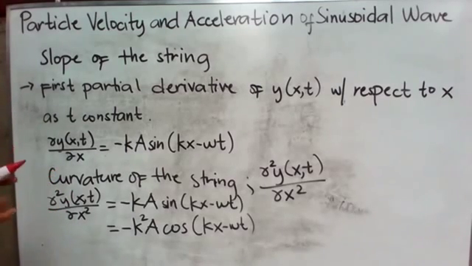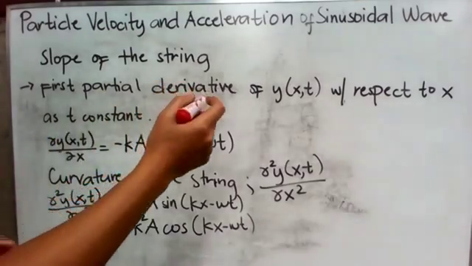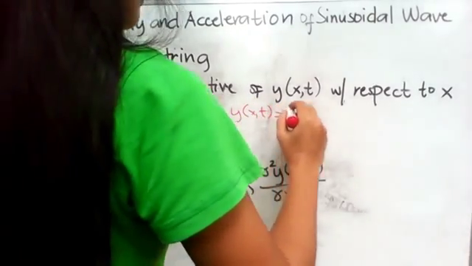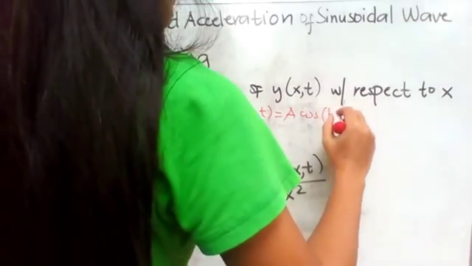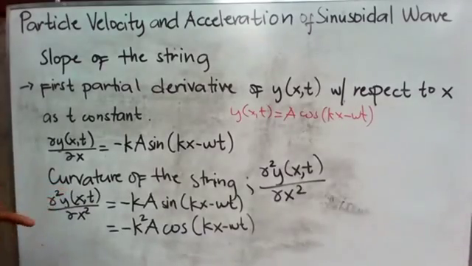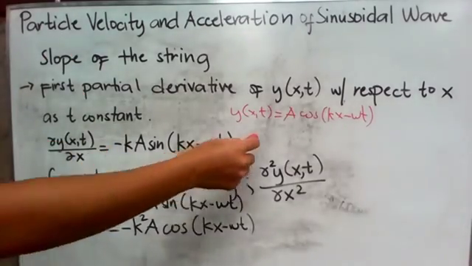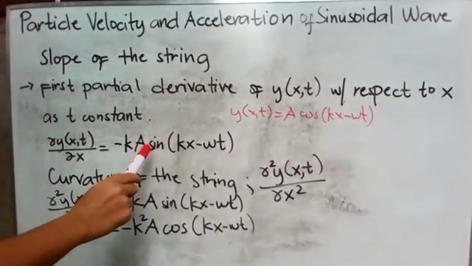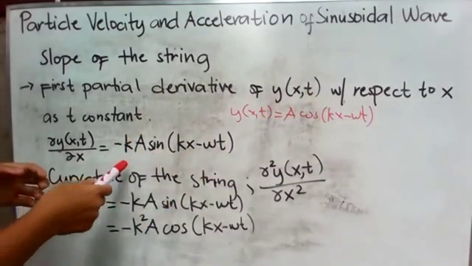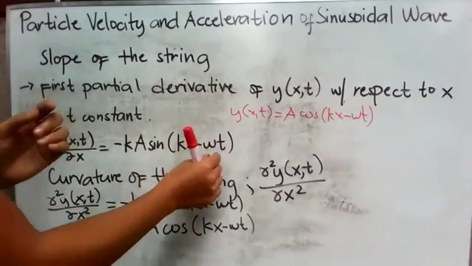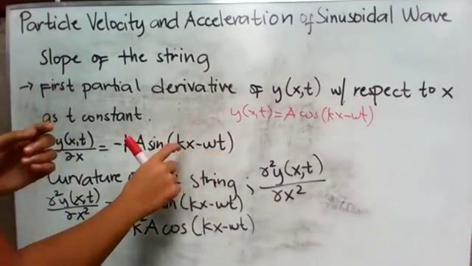The derivative of cosine gives a negative sign, kx − ωt, and since time is constant, the derivative of the inside is k.